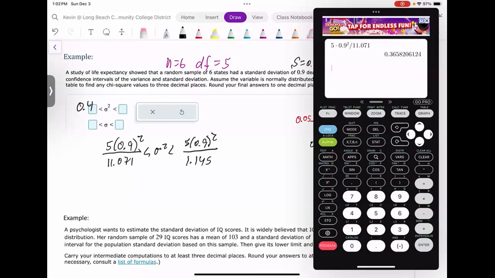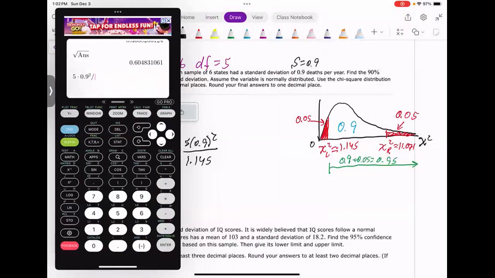And I'm going to get the value right below it by taking the square root of this. So square root of the previous answer. So that's going to give me down here 0.6. All right, let's do the other one. So 5 times 0.9, oops, 5 times 0.9 squared divided by 1.145.